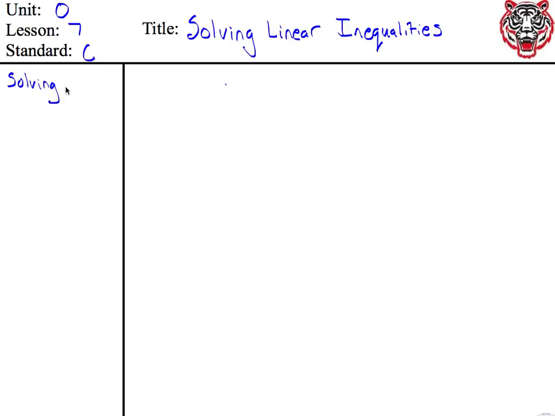Solving linear inequalities. Okay, so what does inequality mean to you guys?